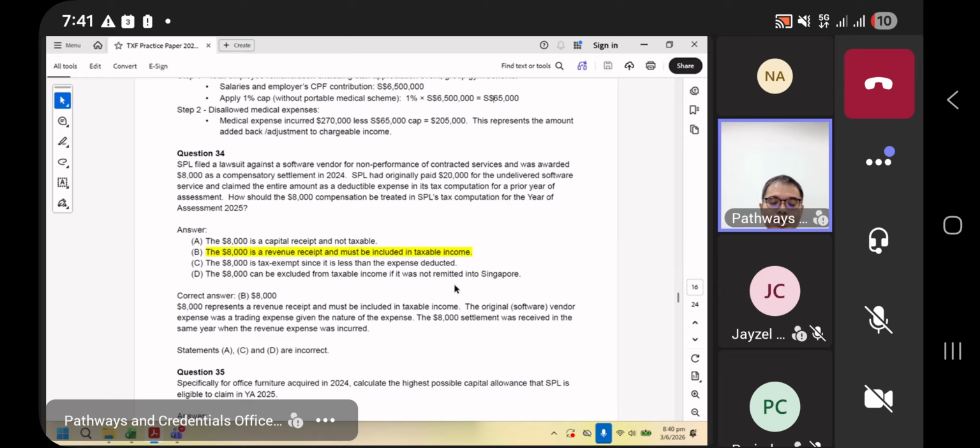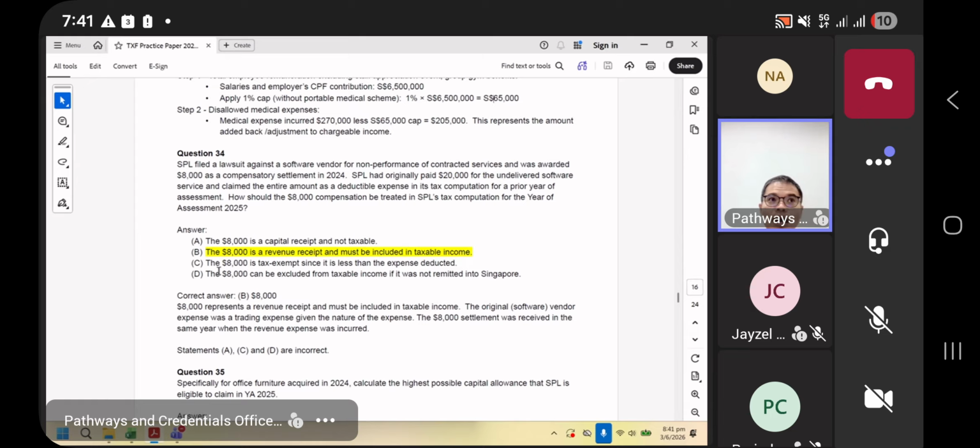Okay, clear? So in this case, you can see that the original software vendor payment was considered a trading expense, given that this is part of his business cost, and given that the $8,000 settlement was received in the same year when the revenue expense was incurred, this has to be brought to tax.